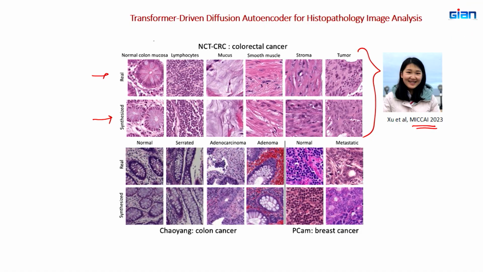But at a high level, you can see that we have been able to do a good job in synthesizing these images, right? And that's not true for just colorectal cancer. The model that we trained also had examples of breast cancer, and you see that here. For breast cancer, we had normal cells and metastatic cells, and you see that we have been able to generate them quite well.